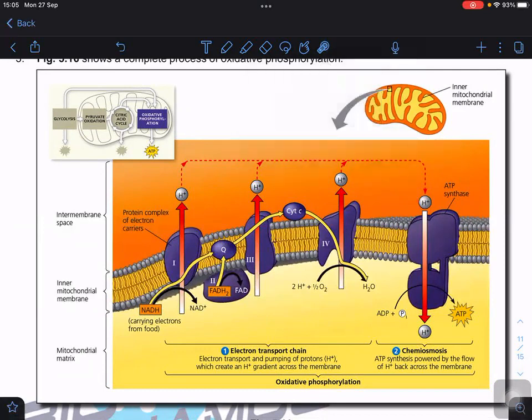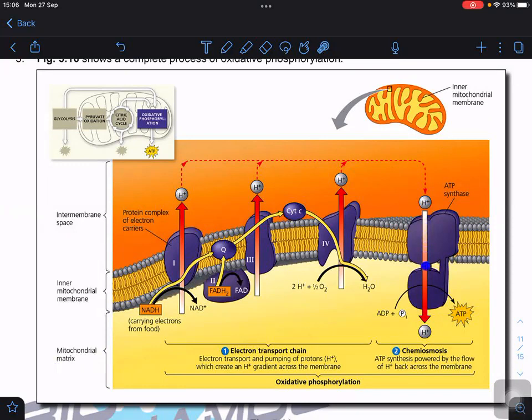Correct or not? So we accumulate a lot of protons in the intermembrane space, and the matrix has a low concentration of protons. Therefore, we have a steep proton gradient, or steep electrochemical gradient. For protons to move back from the intermembrane space to the mitochondrial matrix, there is only one way.